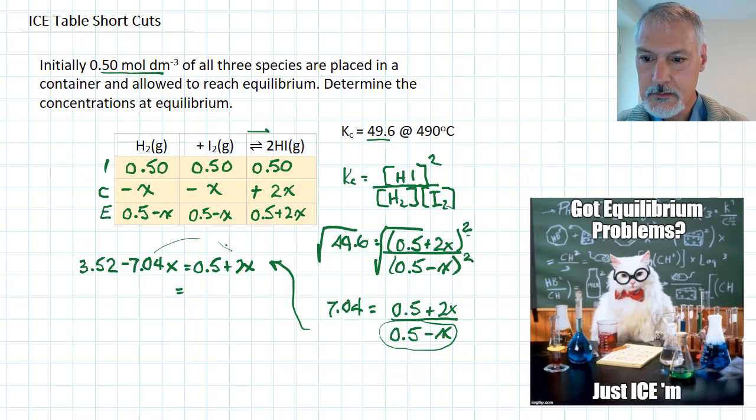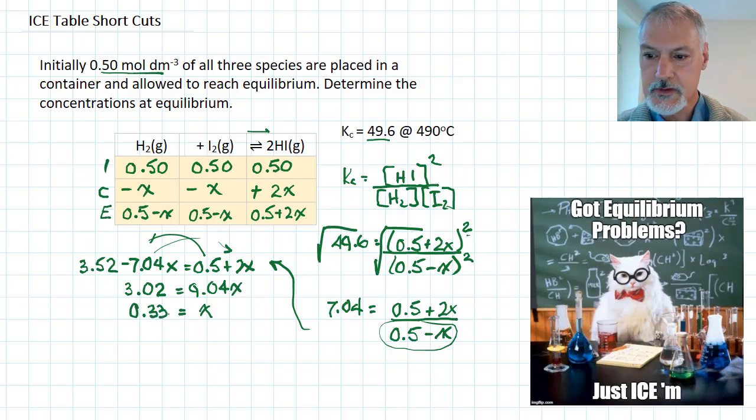Bringing this over to this side, and then taking this over to this side. Now I'm solving just for x by dividing both sides by 9.04, and you get 0.33. Now we're not quite done.